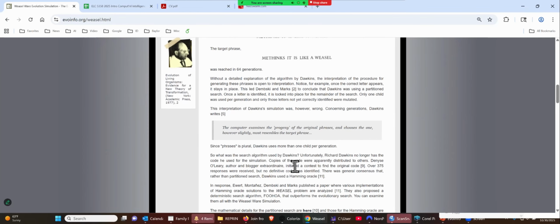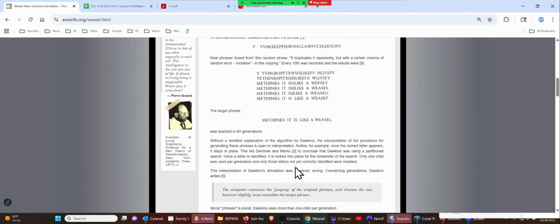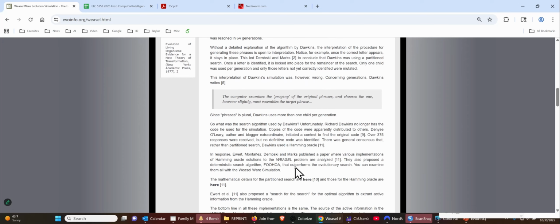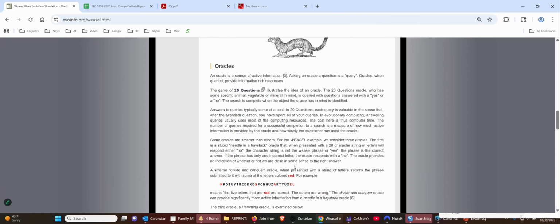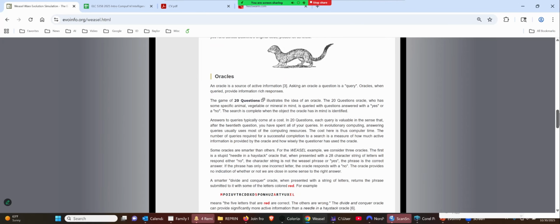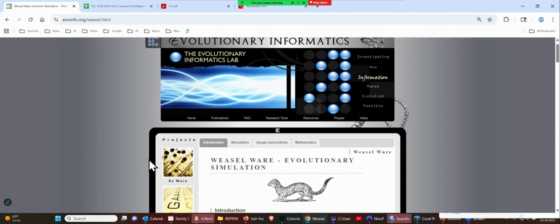We can also have different types of searches. This is done using the Hamming oracle and then using the Hamming fitness in order to determine how fit something is. Notice in the blind search, we have no idea how fit something is. And down here are the other oracles that can be used. So let me go to the actual software. This is kind of interesting.